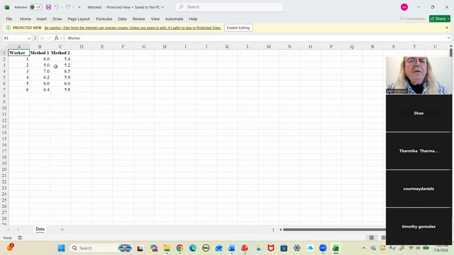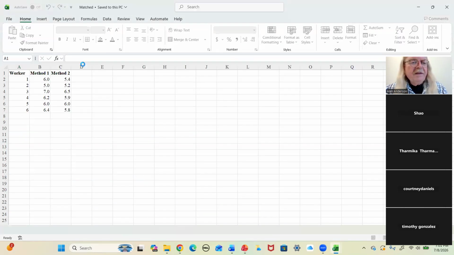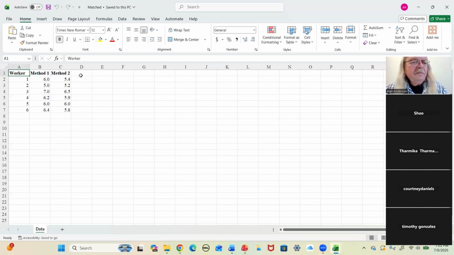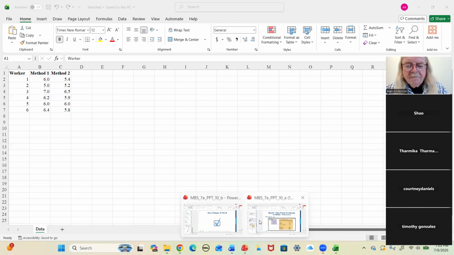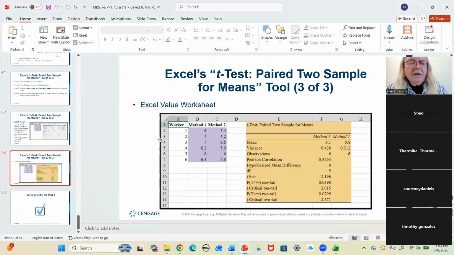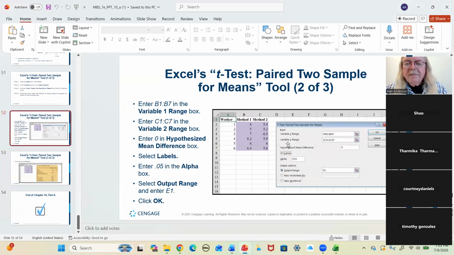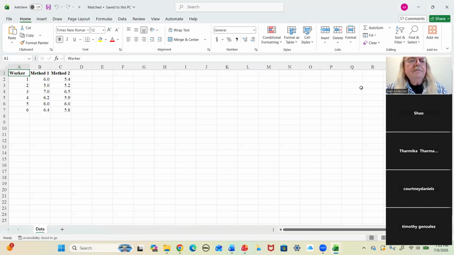Remember the workers with the two different methods. As far as Excel is concerned, you're going to go to Data Analysis Toolpack and pick t-test paired two sample for means. Matched or paired, it means the same thing. So let's do that.